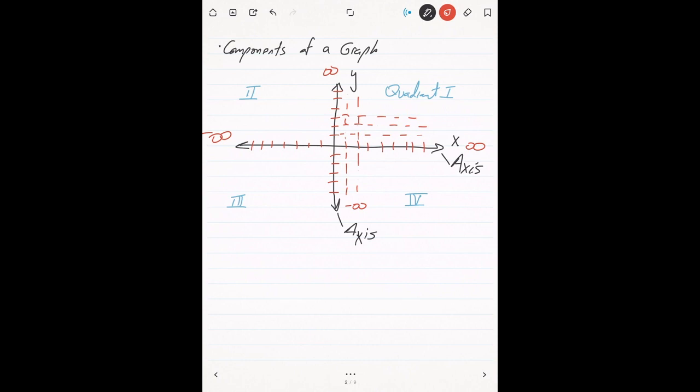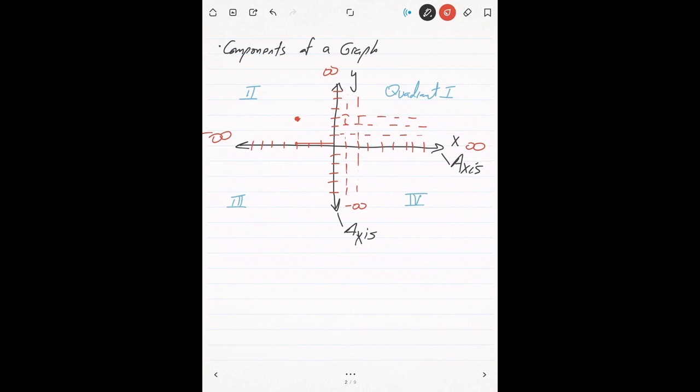So maybe we would say move 3 units to the left and move 3 units up. And that's where your point is. All we talk about for placement of points is how far left and right and how far up and down to go. So that's why it's called a rectangular grid system. If you look on graph paper, you have a bunch of square boxes, hence the name rectangular coordinate system.